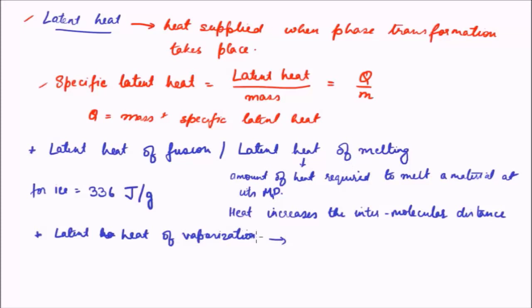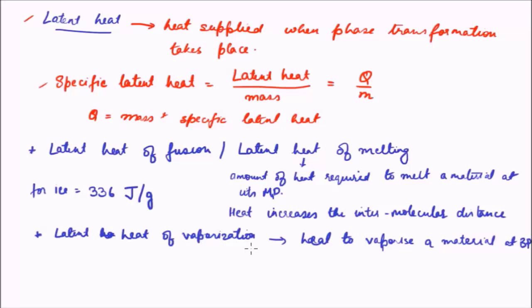It is also the amount of heat required to vaporize material at its boiling point, BP. So latent heat of vaporization is heat required to vaporize at its boiling point.